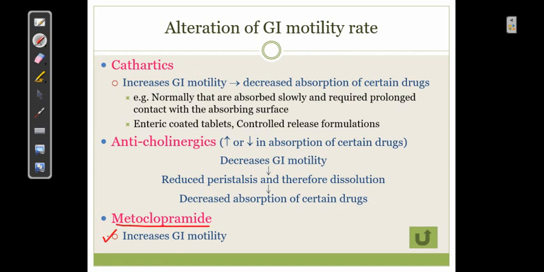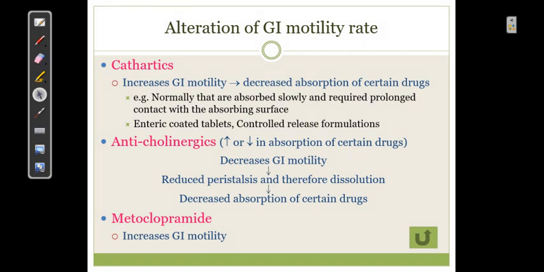Metoclopramide is given for reduction of vomiting, and in some cases of GERD. Many therapeutic uses can be discussed, but if used concurrently with other drugs, it can reduce their absorption by increasing GI motility. That is the mechanism of drug interaction that you can postulate for such a drug.